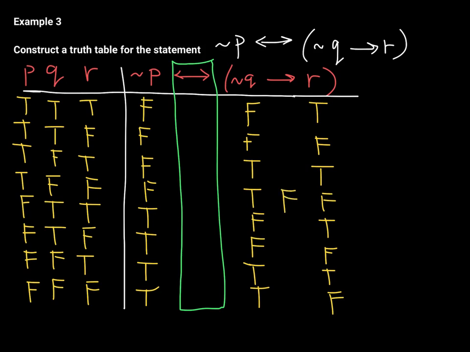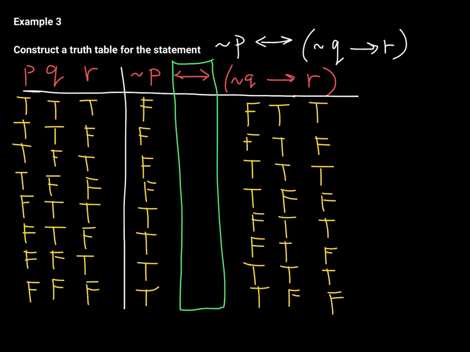Right there. Does that ever happen again? Yes, the very last case. The antecedent is true, the consequent is false, so it's false over here as well. But all others are true. So I'm going to fill those in. True, true, true, true, true, true.